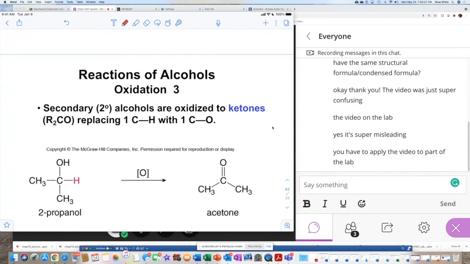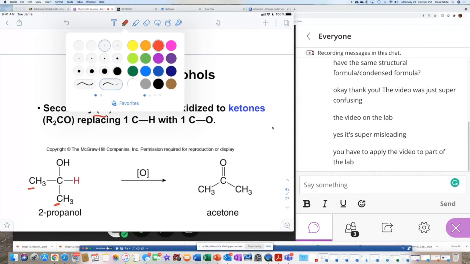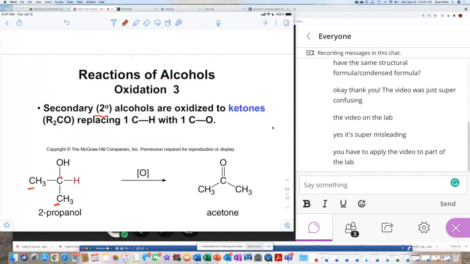The YouTube video. Okay, so when we're looking at this here, this is a secondary alcohol. How can I tell? Well, the title says so, but for real, how can I tell? Let me look at my alcoholic carbon, right? This is my alcoholic carbon here. It's attached to two other carbons, right? Okay, so the secondary. So remember, for me to figure out what's facing the loss, I have to look at my carbon first. Anyway, I'll draw this on top of that.